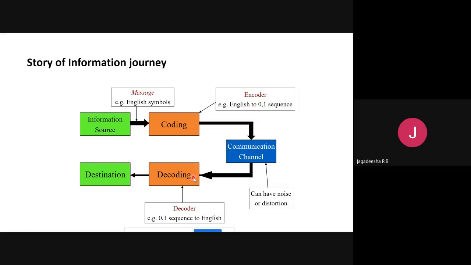And then at the decoding, we are doing the reverse process of converting the digital into analog so that it can be understandable or interpretable by the destination. We said initially information is knowledge that can be interpreted. So here he can interpret what the source expressed. Here we use the terms coding and decoding in a very general way, but we will see these blocks in more detail under the umbrella of our course syllabus.